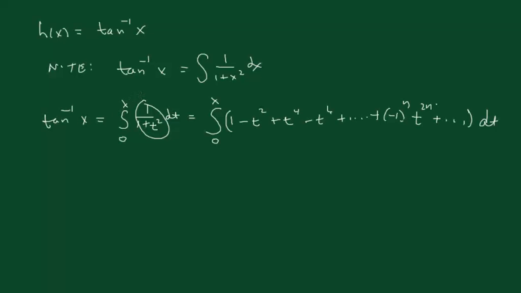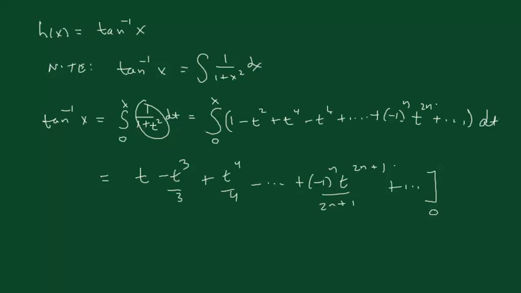Okay, so now I'm going to integrate term by term. So t minus t cubed over 3, not factorial now, plus t to the 5th over 5 minus ... Let's see the nth term, negative 1 to the n, t to the 2n plus 1 over 2n plus 1, plus ..., and we will take that from 0 to x.